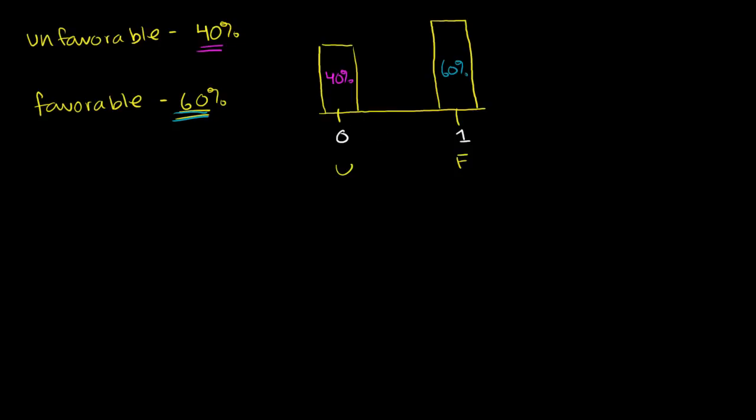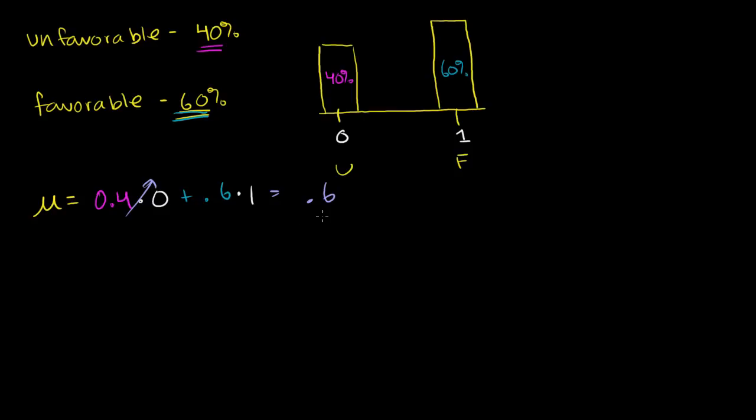So the mean of this distribution is going to be 0.4, that's this probability right here, times 0, plus 0.6 times 1, which is going to be equal to 0.6.